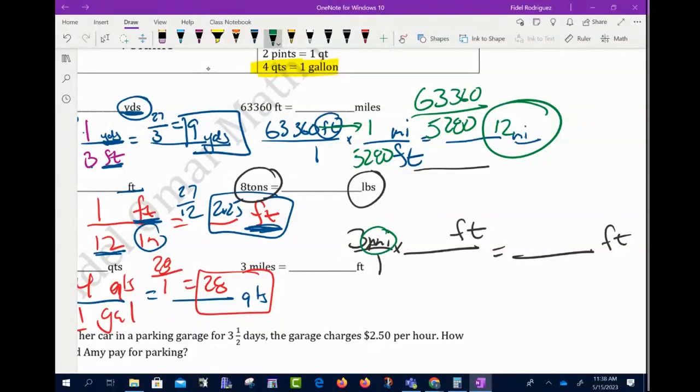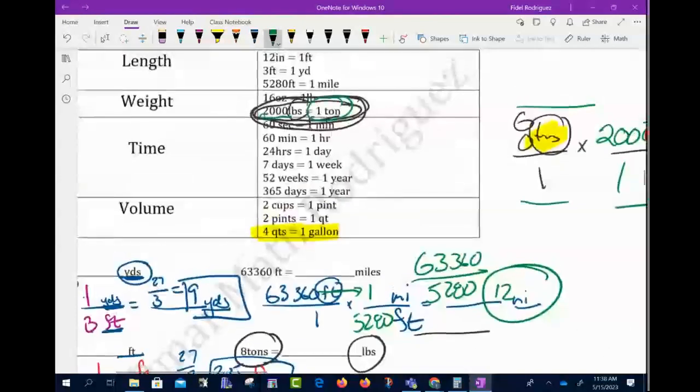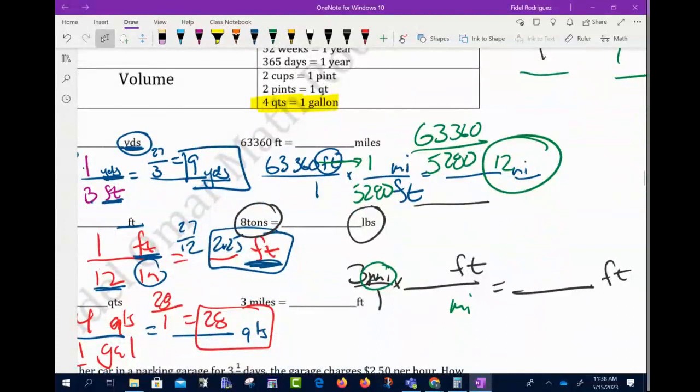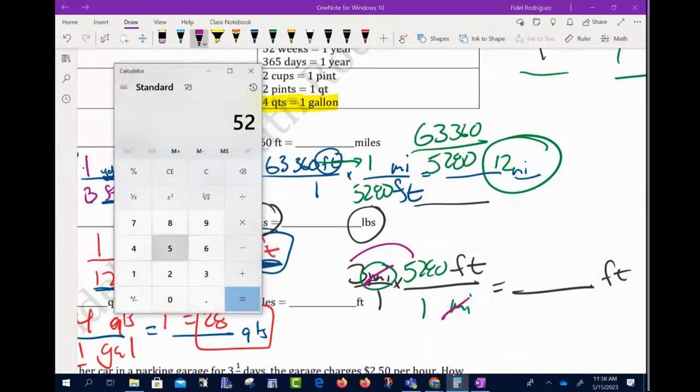I have miles right here, so I'm going to put miles on the bottom. I'm going to come back over here and look at this piece. 5,280 feet is the same thing as 1 mile. So 5,280 over 1 mile. Now again, my miles are going to cancel out. 3 times 5,280.